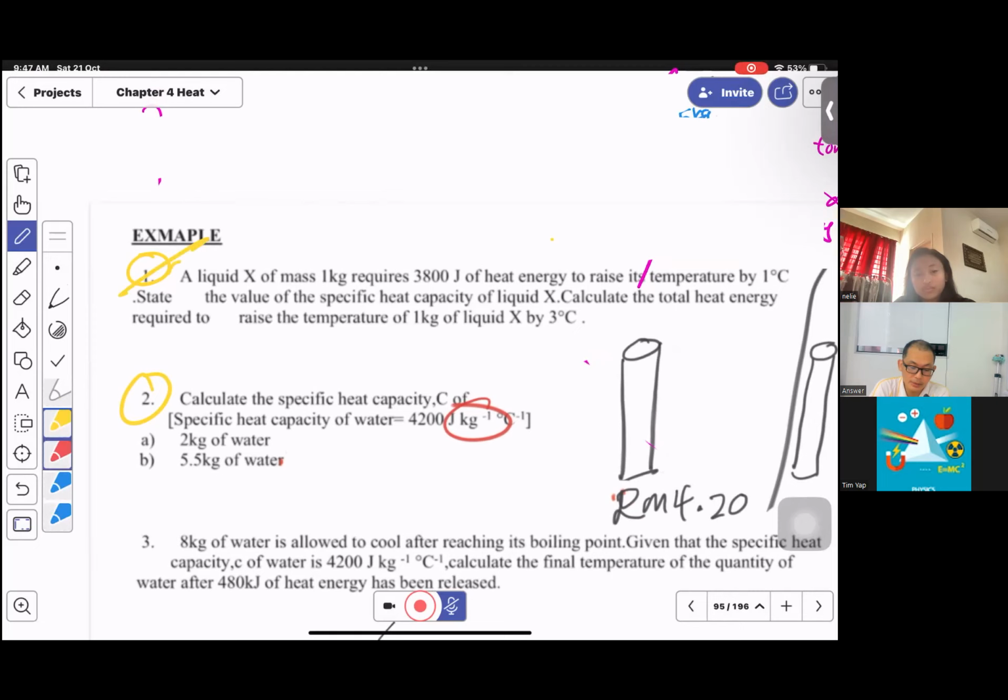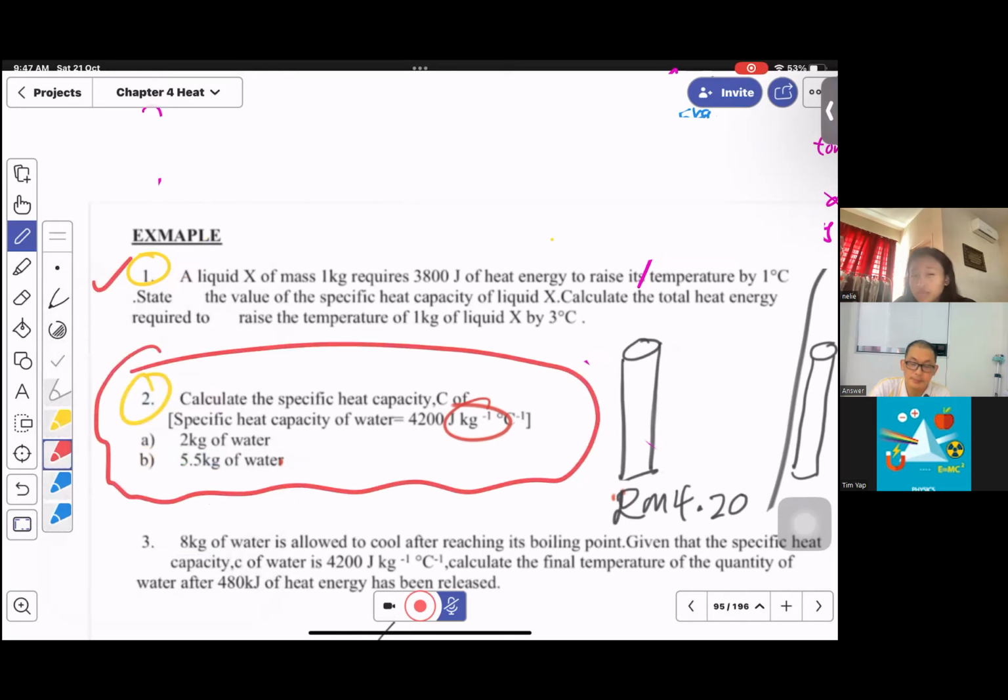Yeah, your answer for number 2 is wrong. Try again. Your answer is wrong. See again your answer.